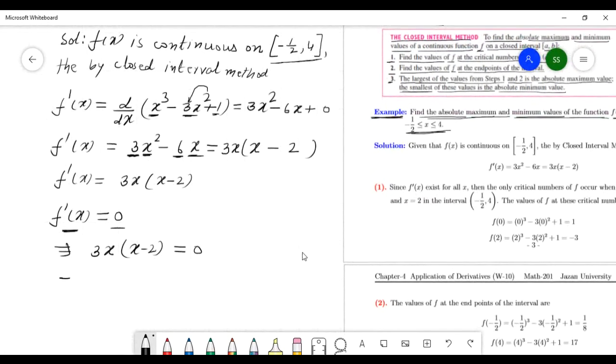From here, 3x equal to 0 or x minus 2 equal to 0.